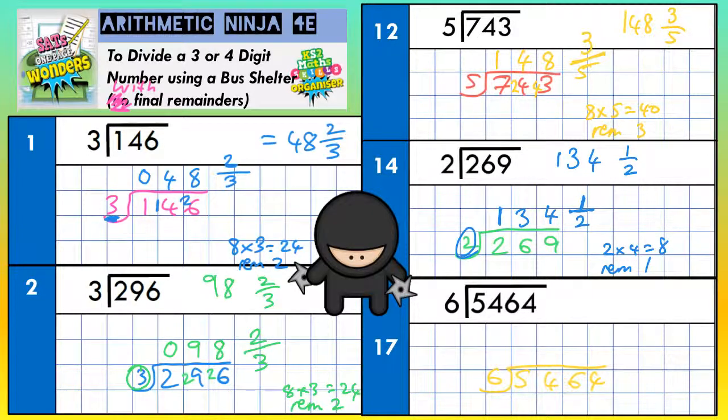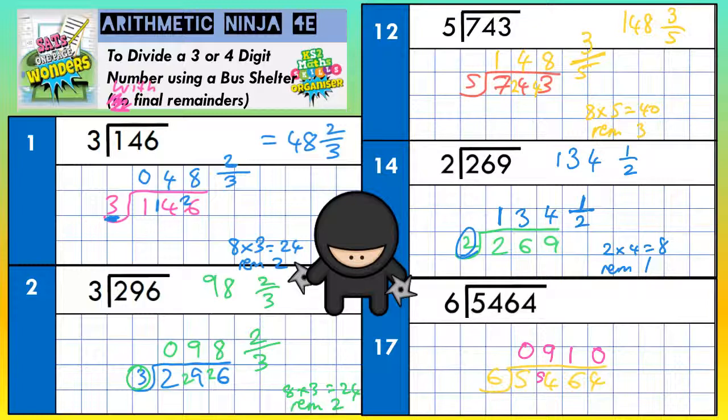Final question. 6's into 5 won't go because 6 is bigger than 5, but you haven't really used the 5 yet, so you carry the 5 to make 54. 6's into 54 goes exactly 9 times. 6 9's are 54. 6's into 6 goes once, and 6's into 4 won't go because 6 is bigger than 4, so you put 0 at the top because it won't go, but you haven't really used that 4, so you can't just ignore it.